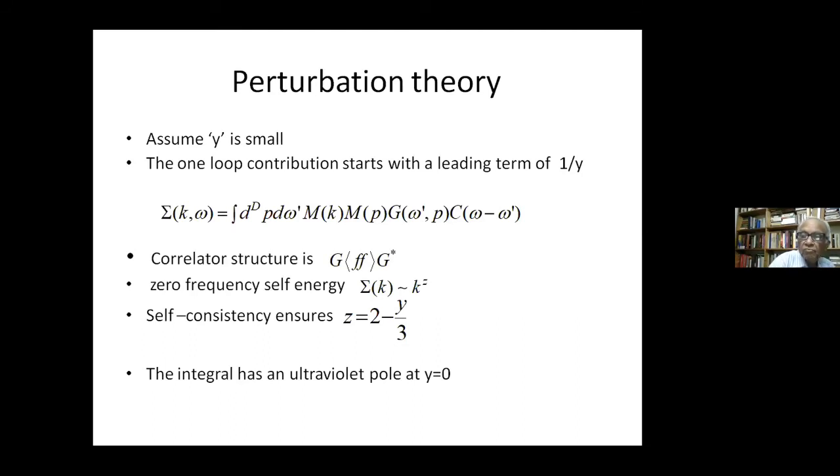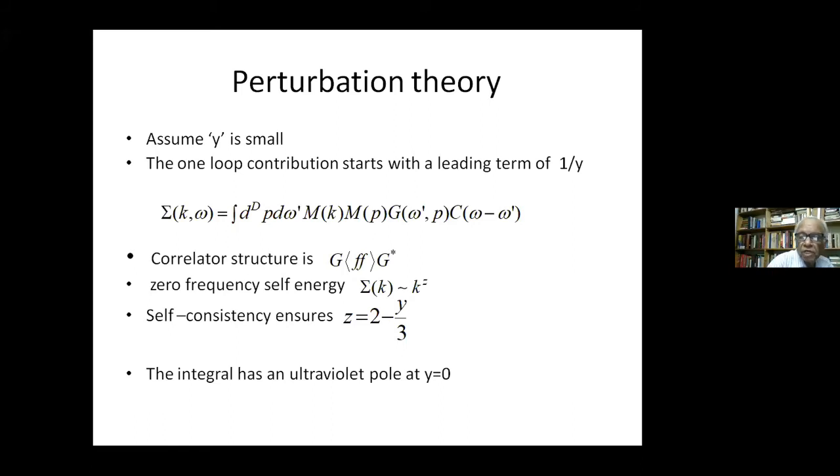So you look at the one loop contribution, and if you look at this, the integral has a pole at y equal to 0. The sigma k omega over here is the one loop contribution. And if you put in the g's and the c's at the 0th order, you would find that there is a pole at y equal to 0, the zero frequency cell.